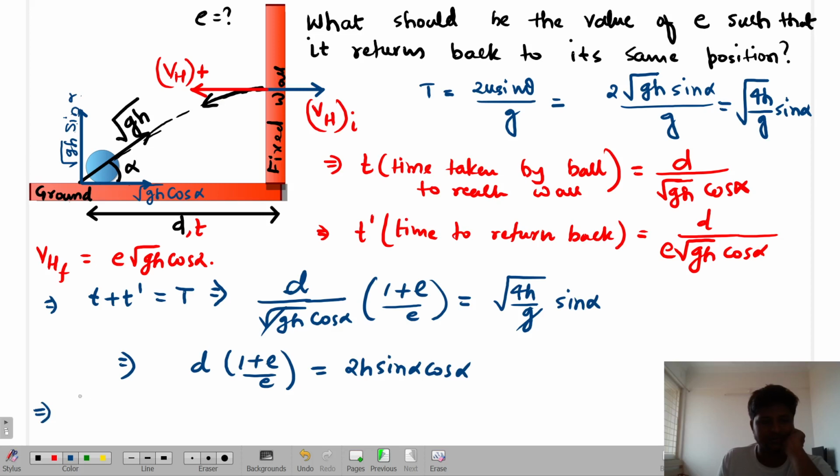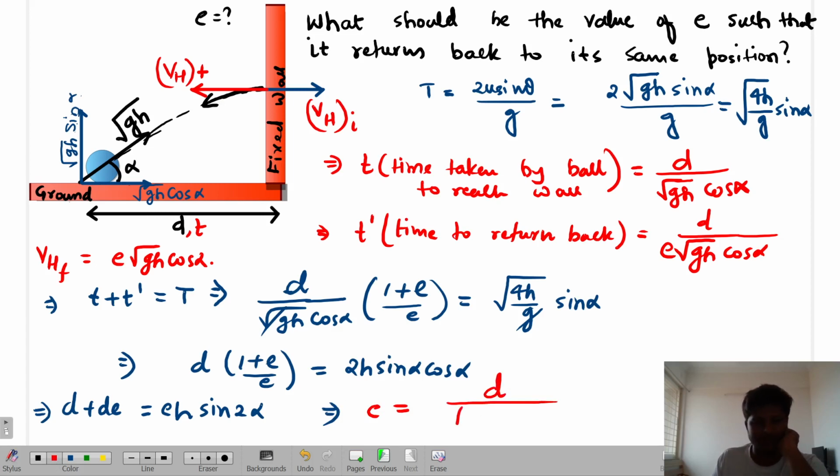Okay, so I'll be left with d plus de is equal to twice h, 2 sin alpha cos alpha, h sin 2 अल्फा लिख सकता हूँ, है कि नहीं? तो ध्यान से देखो अपने को इक्वेशन मिल गया e का, the required e is nothing but d divided by h into sin 2 alpha minus d.